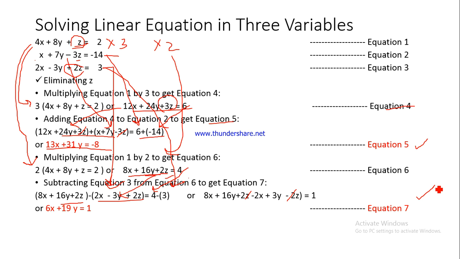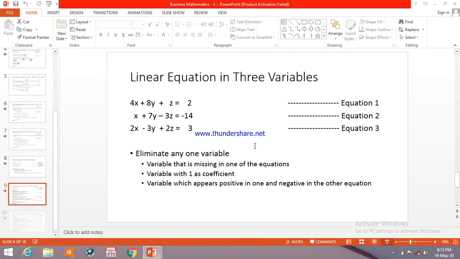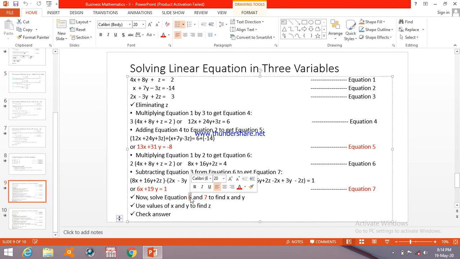So solving the two equations 6 and 7, I'm sorry, we have to solve not equation 6 but equation 5 and 7. Oh, well, this is a mistake I've made. So just a moment, let me correct it. So basically we are solving the fifth equation.